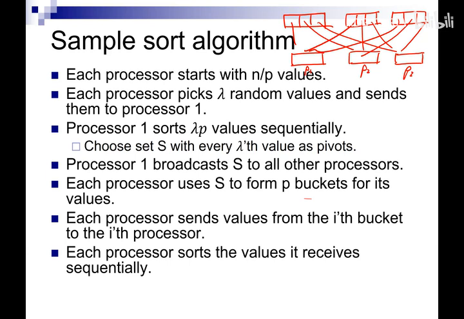The overall sequence is sorted, since P1 has the first bucket, which is the smallest bucket, and it has been sorted. This is the second smallest bucket, which has been sorted, and so on. If you just read the values from left to right across all these processors, then that is the overall sorted sequence.